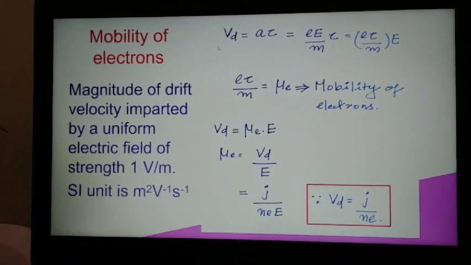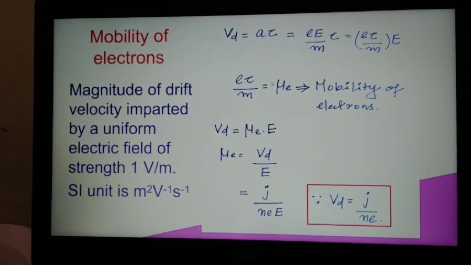What is that actually? Vd divided by E, which is taken as e tau divided by m, and is defined as the mobility of electrons. That is defined here as the magnitude of drift velocity per unit electric field intensity.